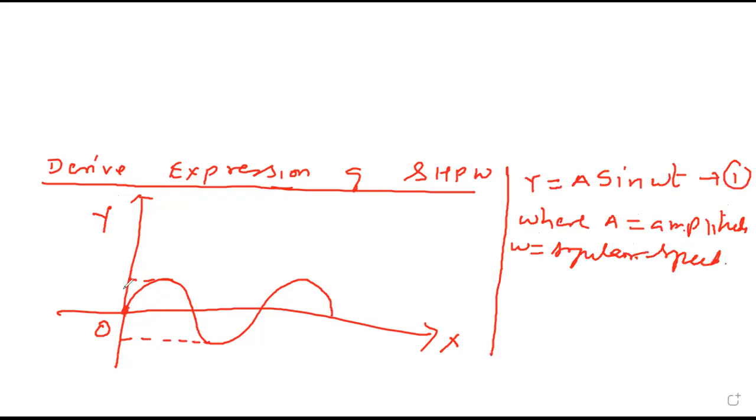Again, consider a simple harmonic progressive wave starting from origin O, traveling along positive direction of x-axis. Displacement of particles starting from origin is given by y equals a sin omega t, where a equals amplitude, omega is angular speed.